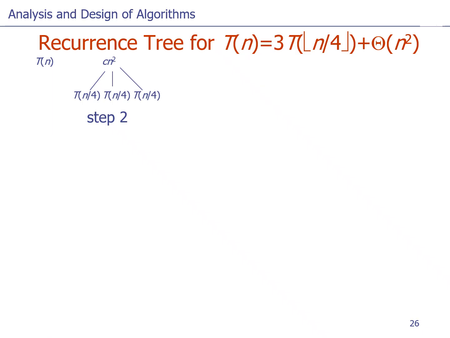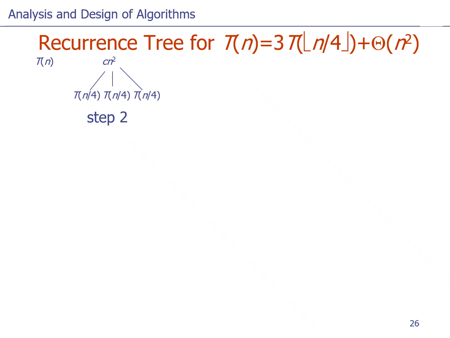So I will take the right-hand side of this recurrence and draw it as a tree, as I already mentioned before. Now, the root of the tree is going to be n squared, which is the effort I'm doing, plus coming out from this root, 3 children, each one doing T(n/4) work, okay?